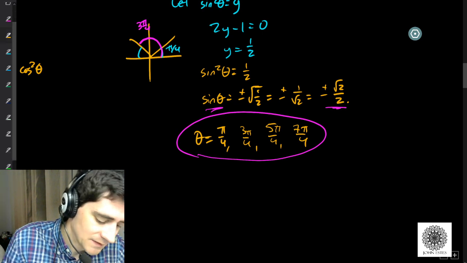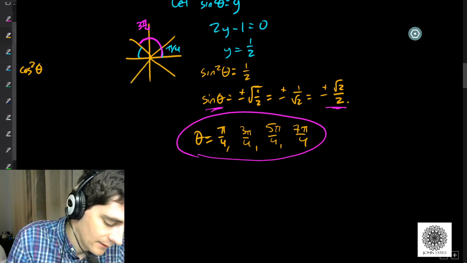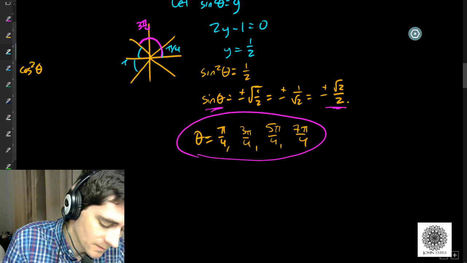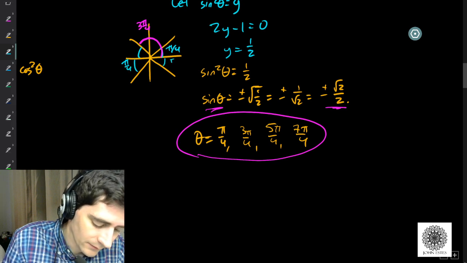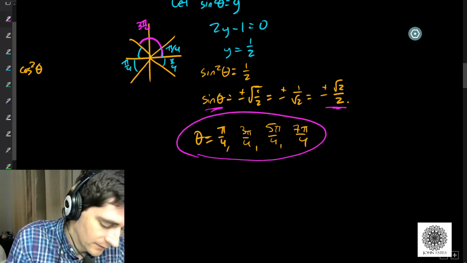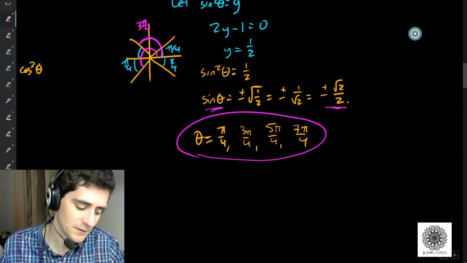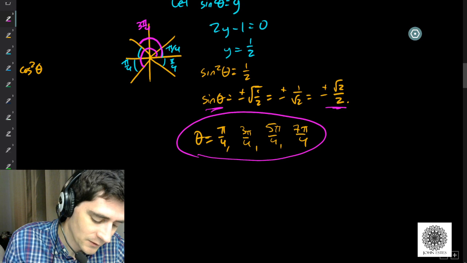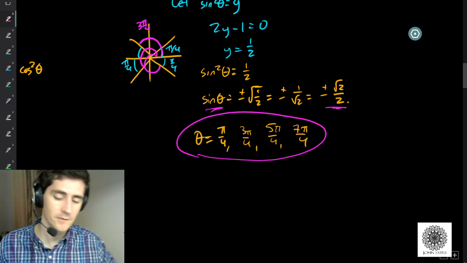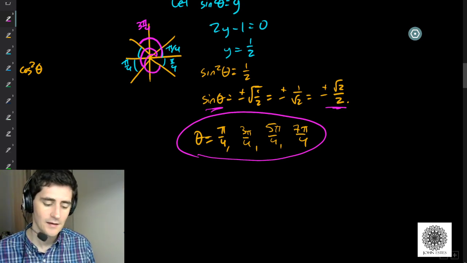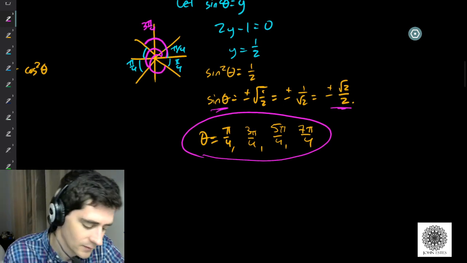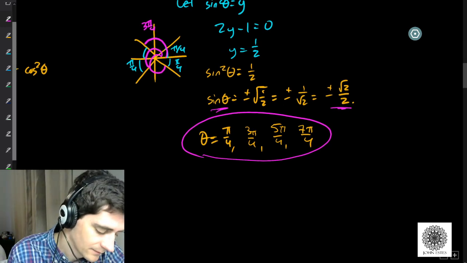And then you can play the same game in quadrants 3 and 4. So there's pi over 4 there, pi over 4 there. So this angle, again, is pi plus pi over 4, which gives you 5 pi over 4. And the last one is 2 pi minus pi over 4, which is 7 pi over 4. And that's how you get your 4 solutions there.